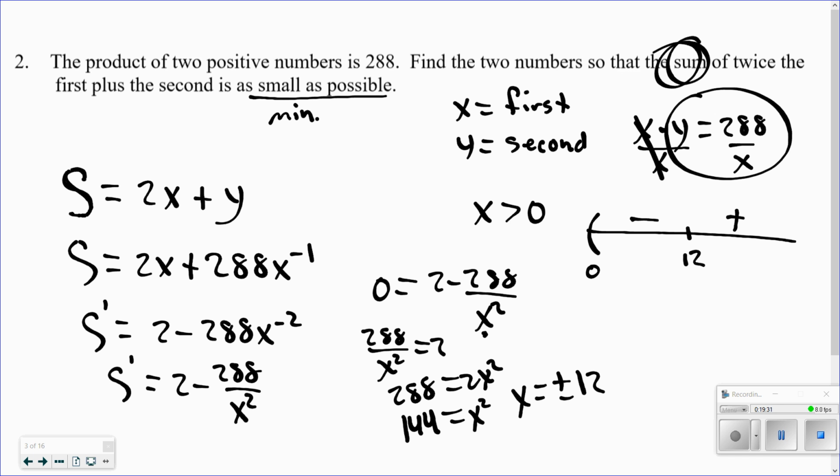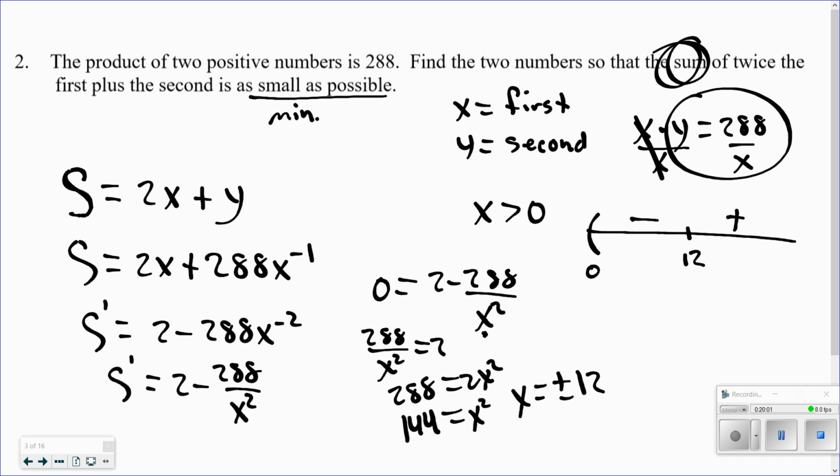Let me just double check. It is 24. So we would say, to find the minimum sum, to make the sum as small as possible, the first number would have to be 12, and the second number would have to be 24. So that would be the sentence I would write. That makes sense? So to minimize the sum, the first number would have to be 12, the second number would have to be 24.